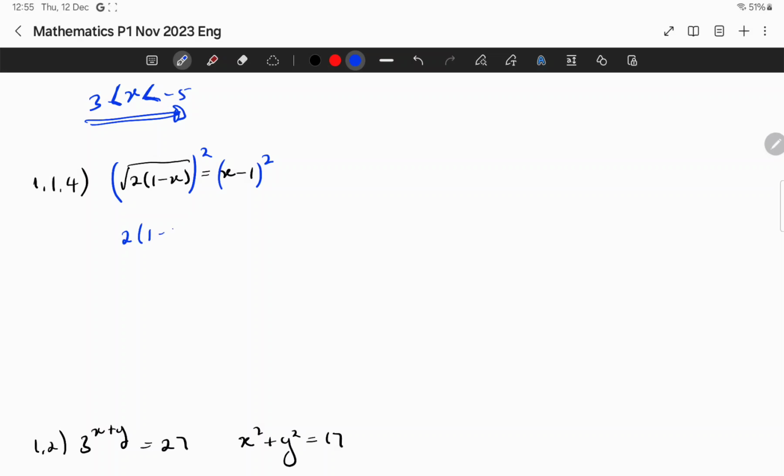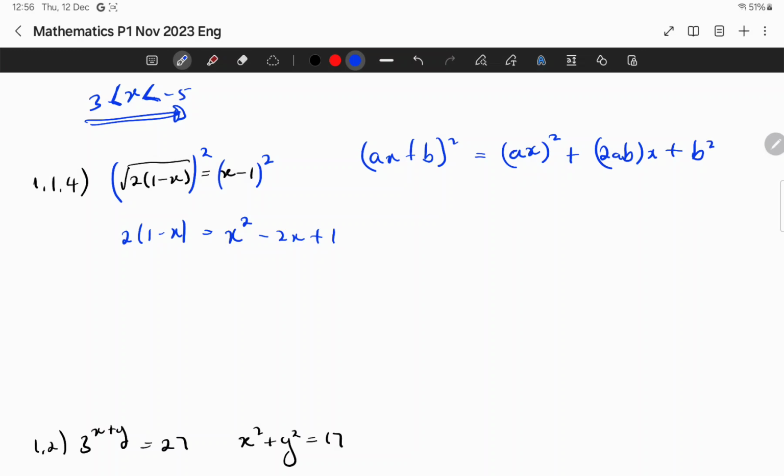Then you have 2 times 1 minus x should be equal to x squared minus 2x plus 1. If you're wondering how I simplified this, any function of the form ax plus b when squared is of the form a squared x squared plus 2ab x plus b squared. So that's how I simplified it.